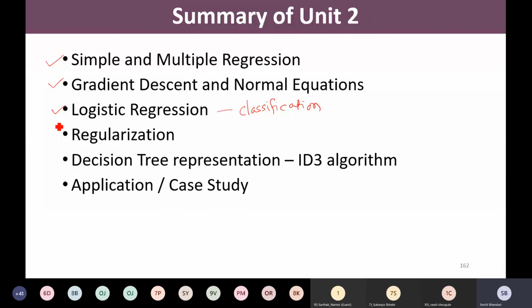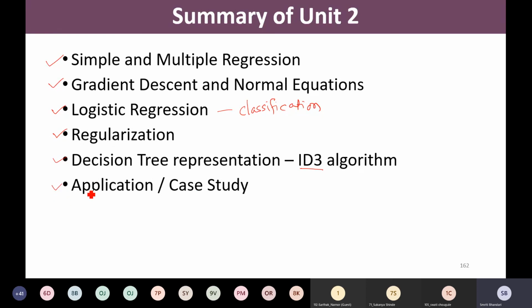We also discussed regularization, which is used to reduce overfitting of the data. And finally in this unit we discussed the decision tree algorithm, typically the ID3 algorithm, both for classification as well as regression, and we looked at a few examples.